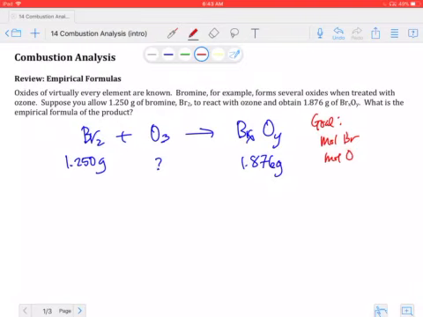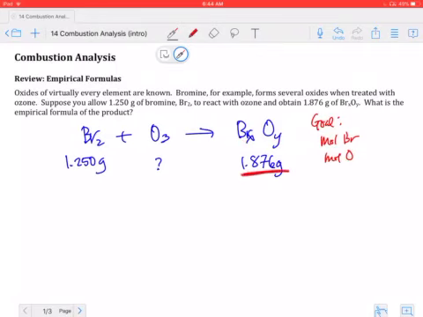So to find the moles of bromine and the moles of oxygen, we want to go back to just what's happening here. And I'm looking for this product. The product has bromine and oxygen, so if we use law of conservation of mass, I can recognize that all of this bromine is going to show up here in the compound, and then all of this oxygen is going to have to come from the ozone.